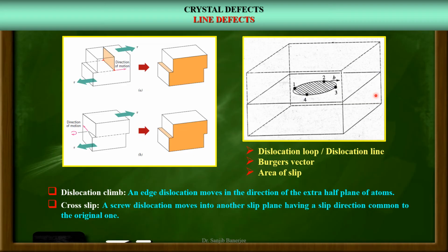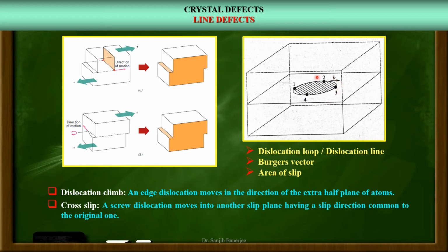When a crystal contains both edge and screw dislocations, a well-defined area of slip results, often in the form of a regular figure, which is a curved line called a dislocation loop.